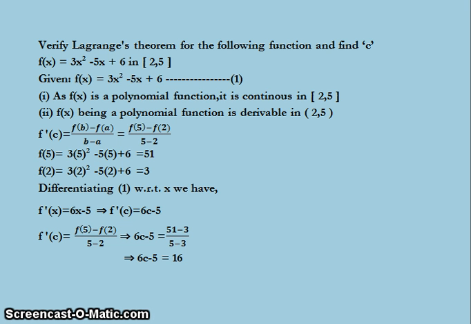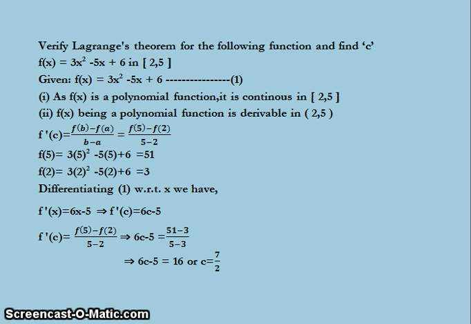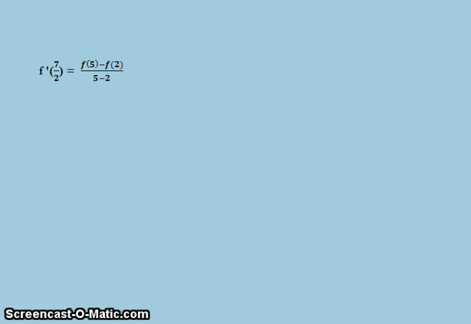This gives us 6c minus 5 equal to 16, or c is equal to 7 by 2. Thus, there exists c equal to 7 by 2 in the interval 2 to 5 such that f'(7 by 2) is equal to (f(5) minus f(2)) divided by (5 minus 2).